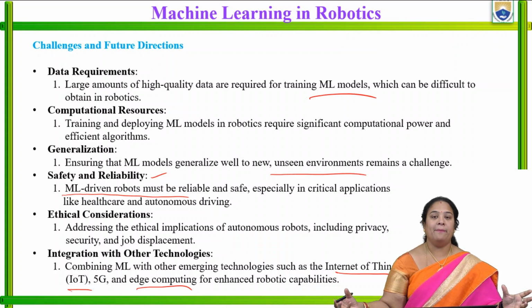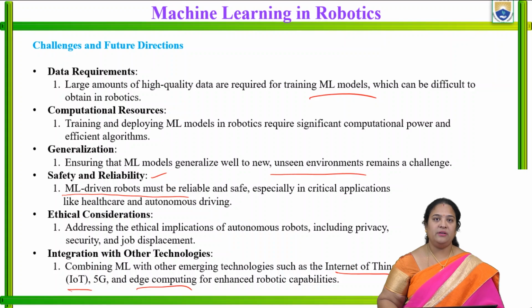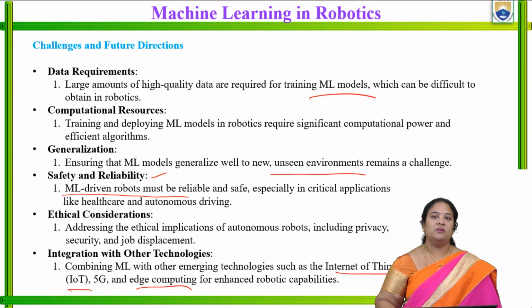These are very much emerging nowadays. Using these new trends and technologies, there will be a lot of variation in the organization of the institute. So this is all about machine learning in robotics. Hope you have understood this concept, right?